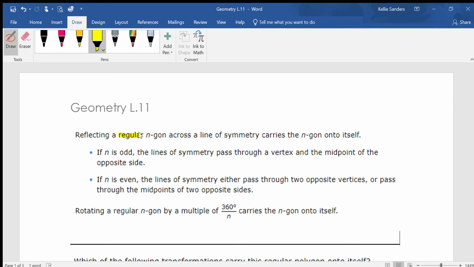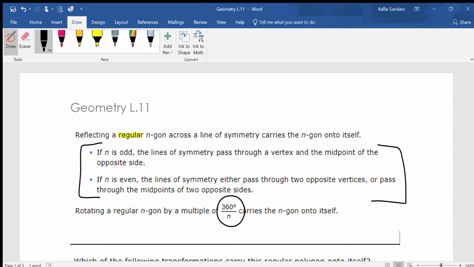Like a rectangle is not regular because all the sides aren't the same size for the most part. Or a trapezoid. Not all of them are going to be regular, but if they are regular, then we're going to use this information.